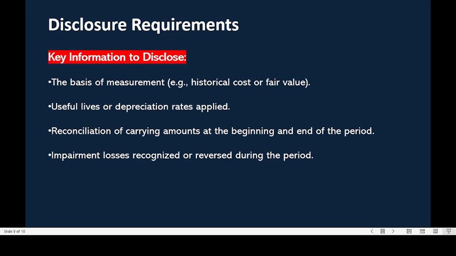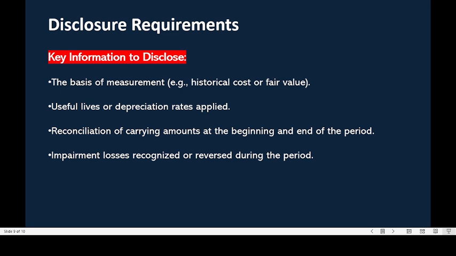Disclosure requirements. Disclosure is essential to ensure transparency in financial reporting. For assets, entities must disclose the measurement basis used, such as historical cost or fair value, useful lives or depreciation rates applied, a reconciliation of carrying amounts from the beginning to the end of the period, and any impairment losses recognized or reversed during the period.